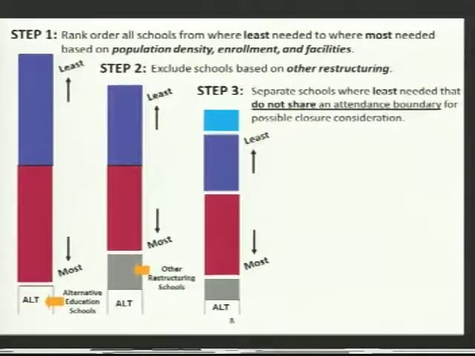So we first identify schools among those ranked where we least need to operate a program and identify those schools that do not share an attendance boundary as schools that would remain on the list for possible closure.